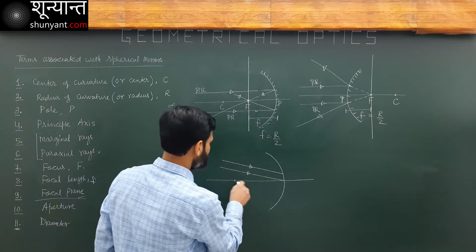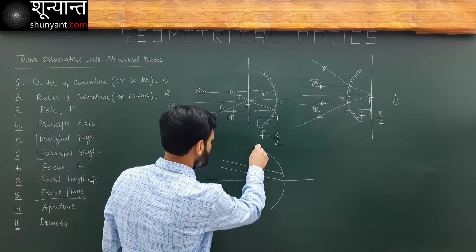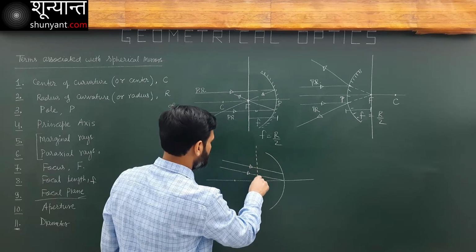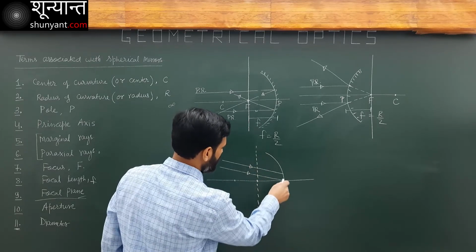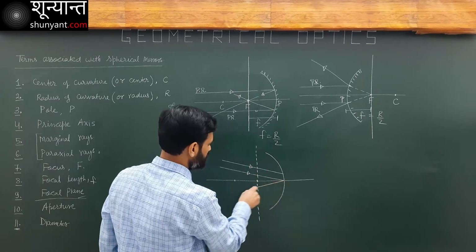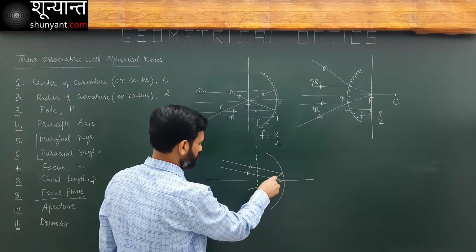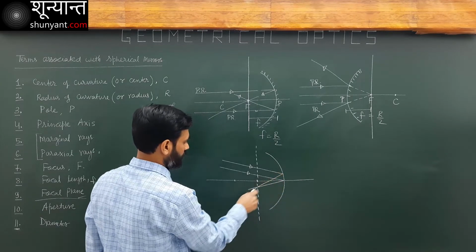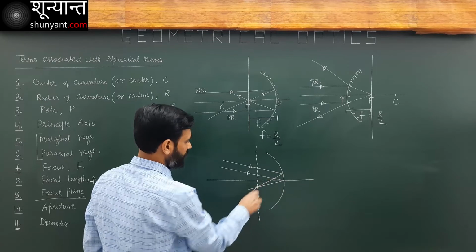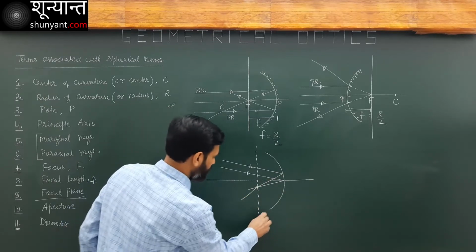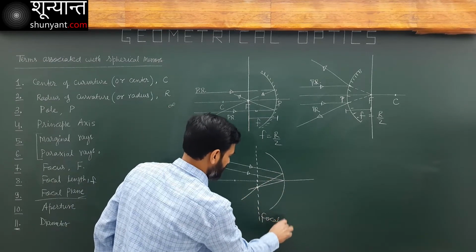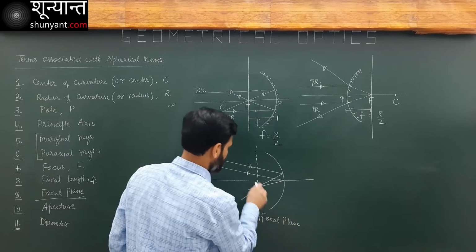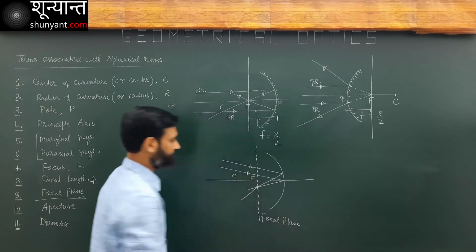What happens is that after reflection, they meet at a point on the focal plane. They are going to meet somewhere here. This is where they are going to converge. This is the focal plane. This is F and this is C.